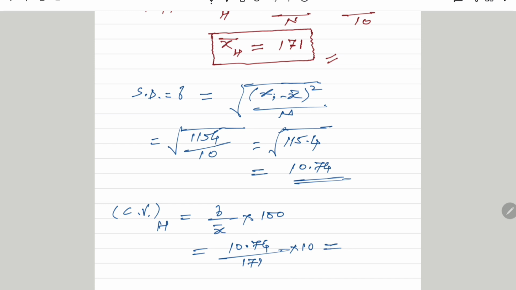Performing with the help of the calculator, this comes to 6.28. This is the coefficient of variation for height, 6.28. Like this, we perform the calculation for weight also.